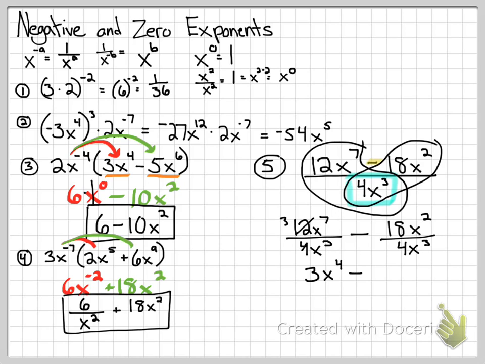Still minus, because that's what the problem said. 2 goes into both of these. 2 goes into that 9 times. 2 goes into that 2 times. So 9 over 2. I have x squared on top, x cubed on the bottom. So that's going to leave me with 1 x on the bottom. And this is our answer.